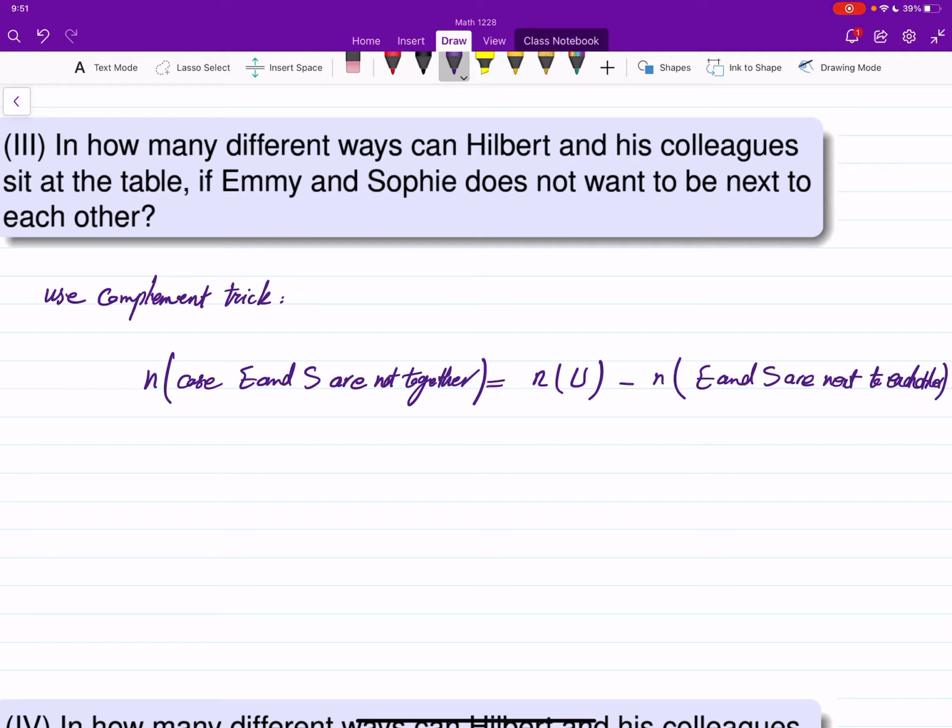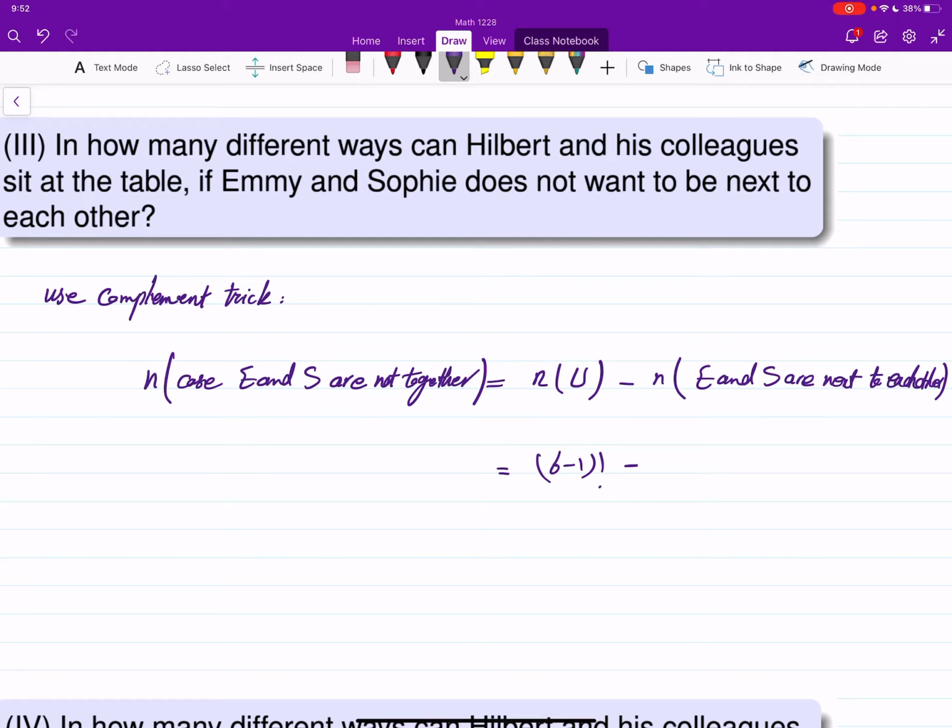Okay, so the number of all possible ways is just considering no condition. We have 6 people sitting around the table, so the number of ways will be (6 minus 1) factorial, minus the number of ways we can do the other one, which is next to each other.